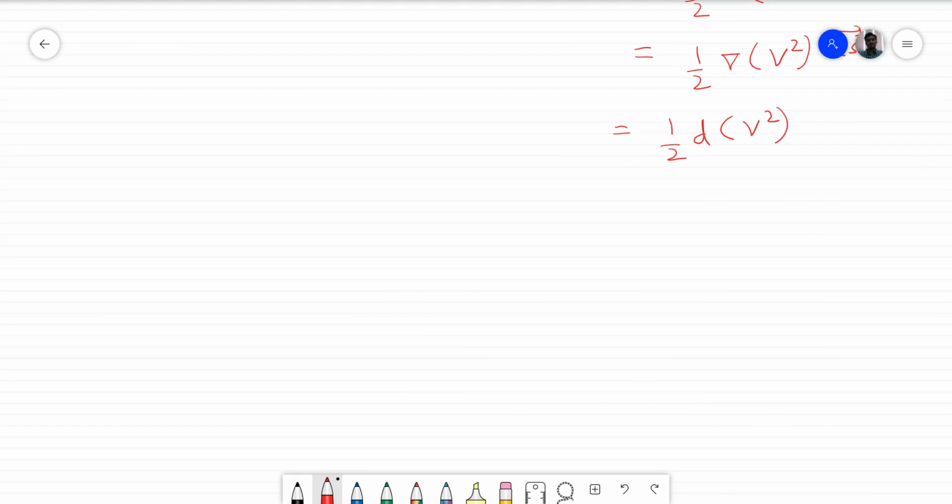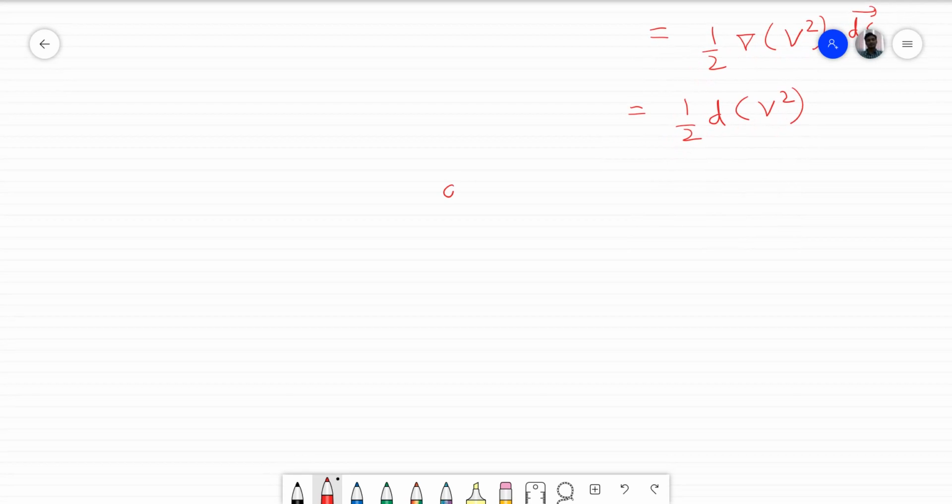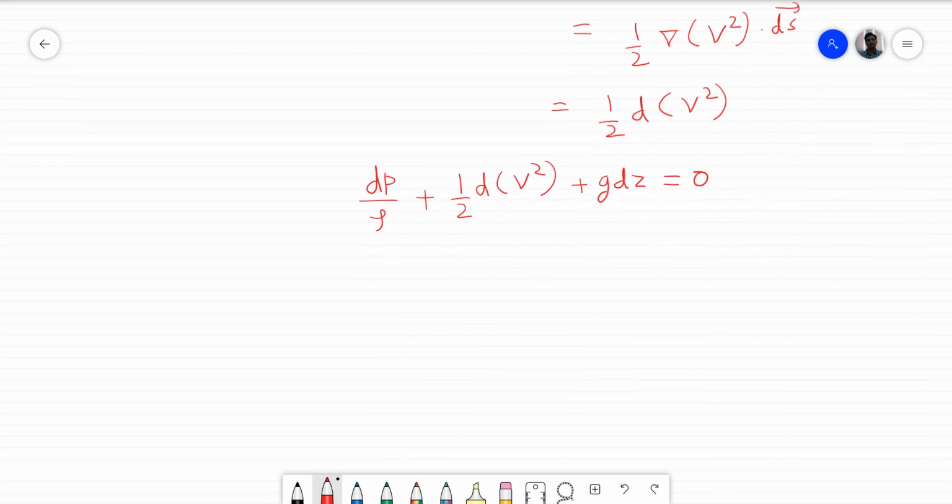So if we combine all these three terms, we get dp by rho plus half dv square plus g dz equal to 0. We have to note that this is along the streamline S. We have taken a dot product with ds here.